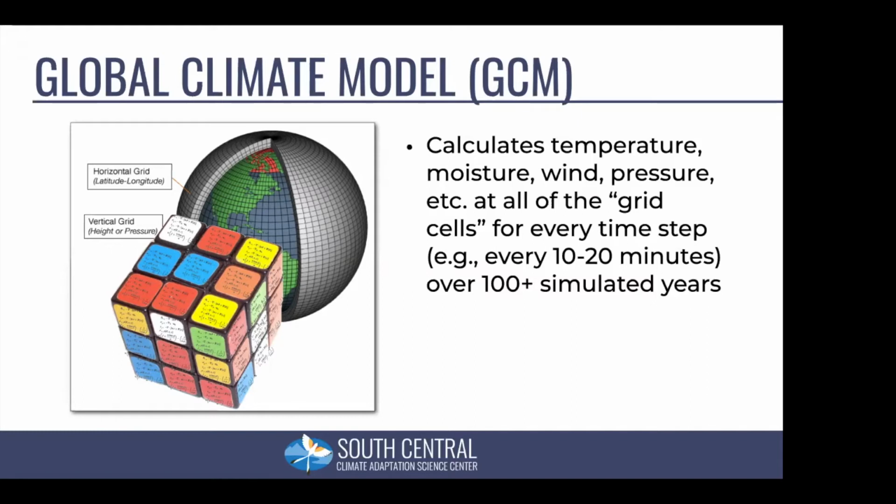These equations are solved for temperature, precipitation, wind, pressure, and other variables at each of these grid cells. GCMs use the world's largest supercomputers for months to compute the trillions of calculations for every time step, every variable, and every grid point until the end of the simulated century.